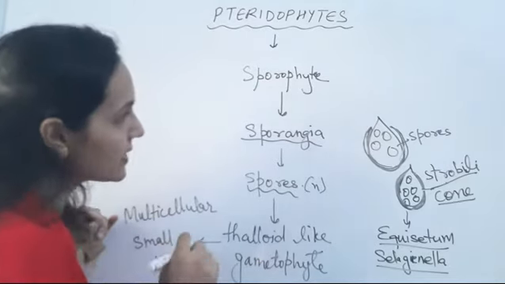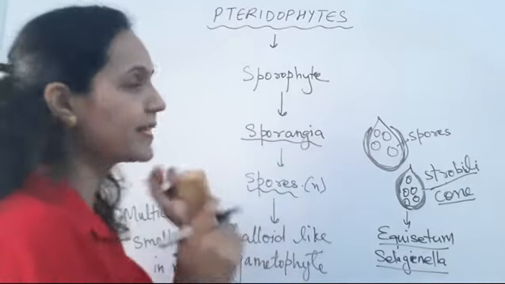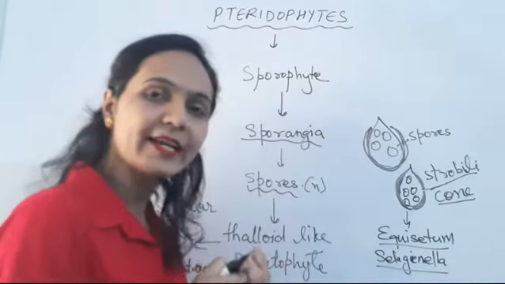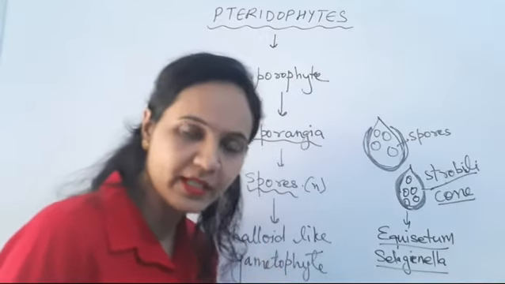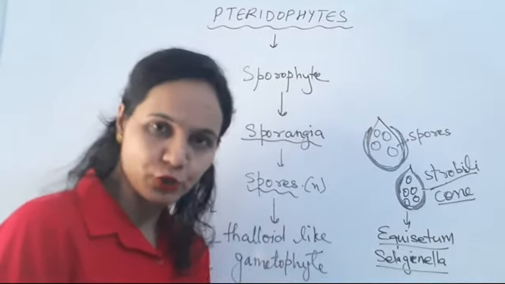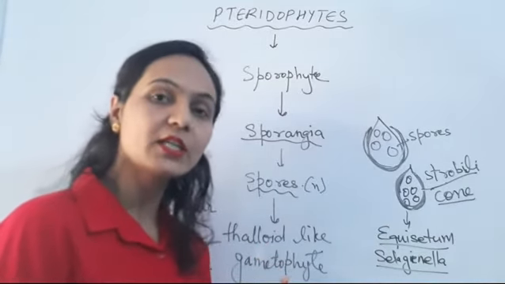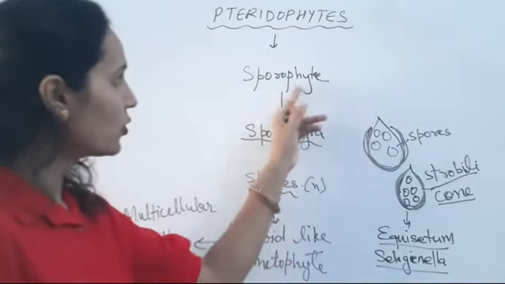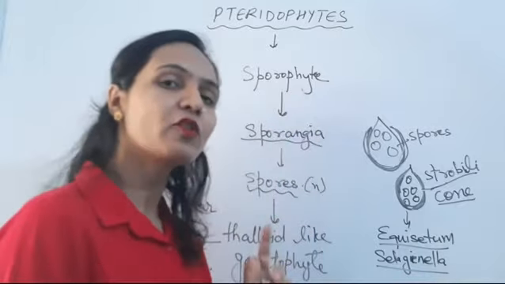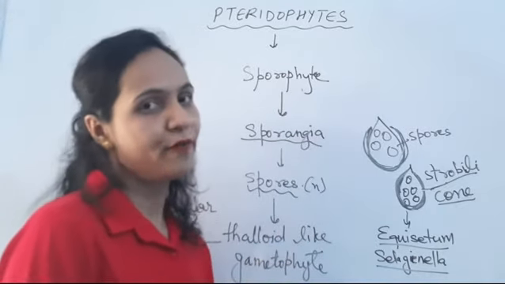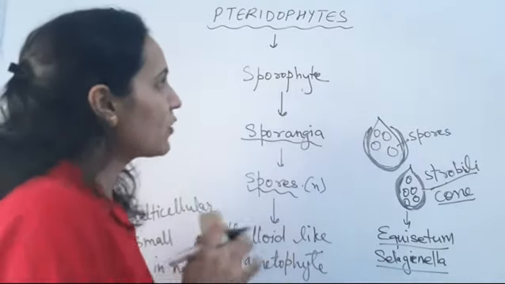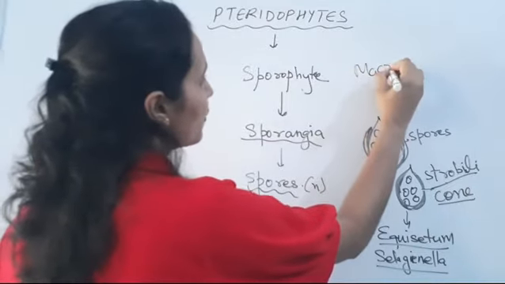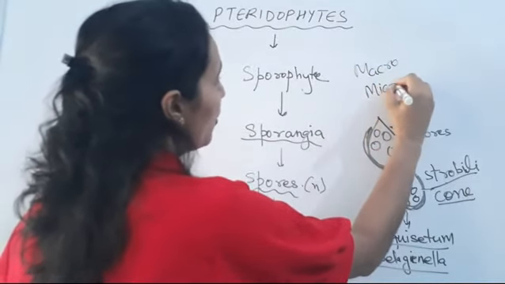So let's revise the complete scenario of the pteridophytes. They reside in cool, moist and shady places. They have true vascular tissues, and the main plant body is sporophytic. Clear? The main plant body, I told you, is sporophytic, but in case of bryophytes it was gametophyte. They produce two kinds of leaves, macrophyll and microphyll.